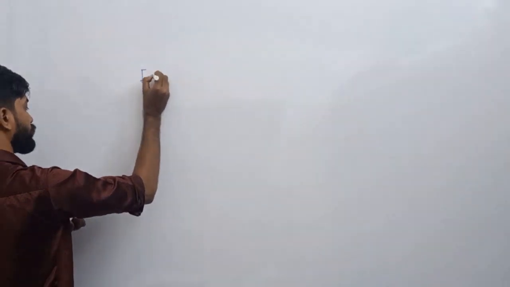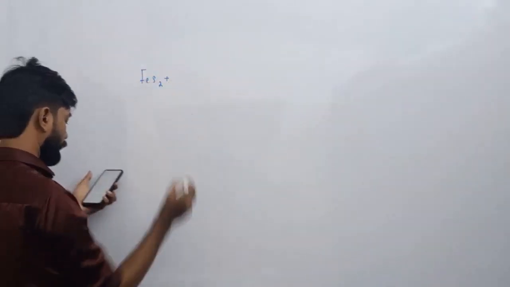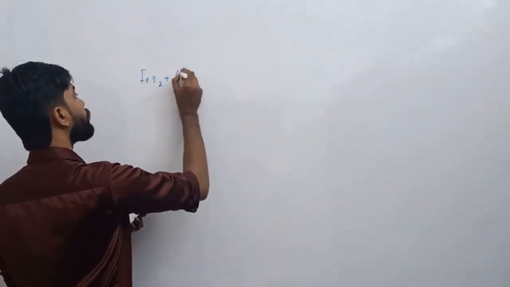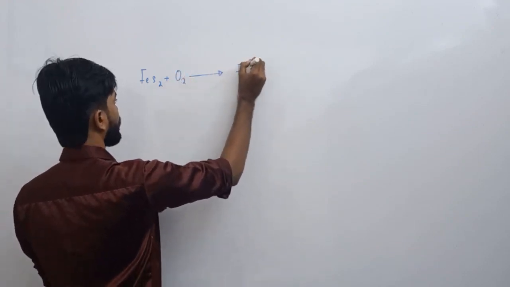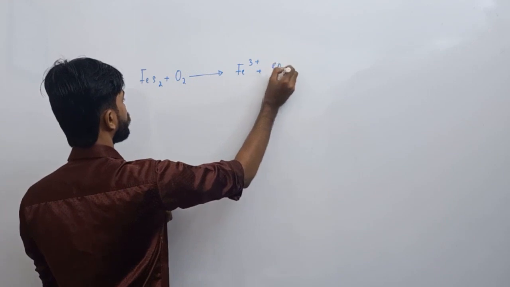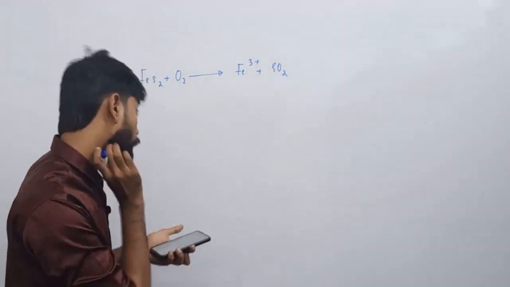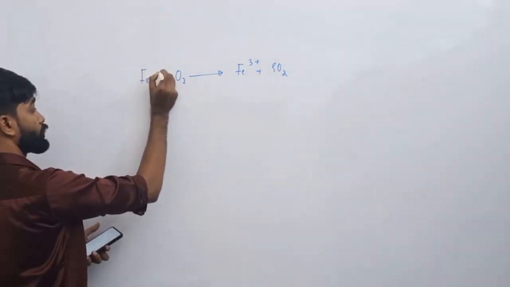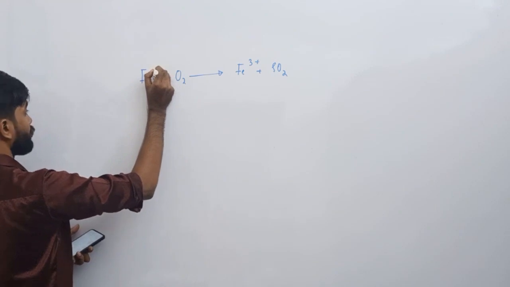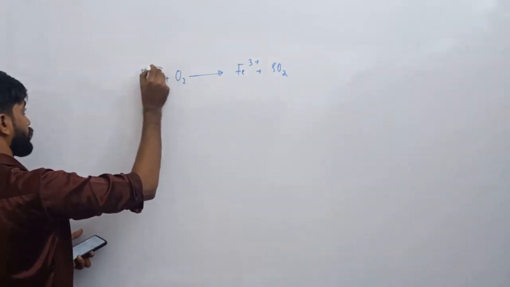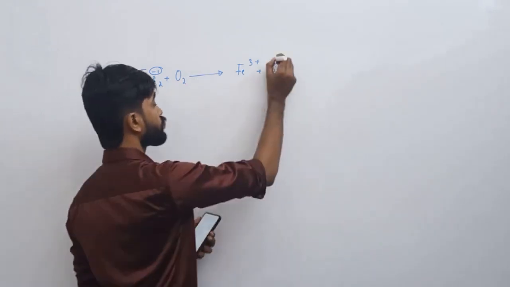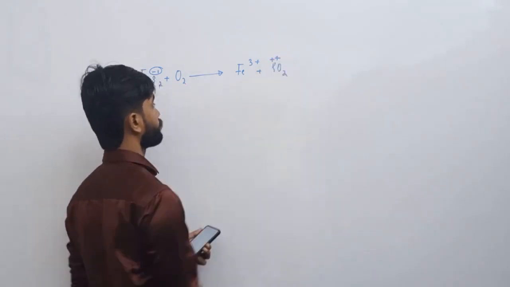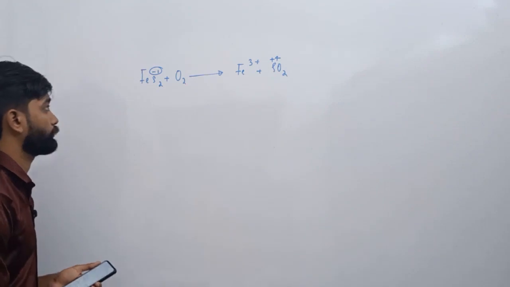So there is a reaction like your previous question: FeS2 plus O2 gives Fe3+ plus SO2. Whatever it may be, in FeS2, the sulfur is in a -1 oxidation state, and now it turns to +4.